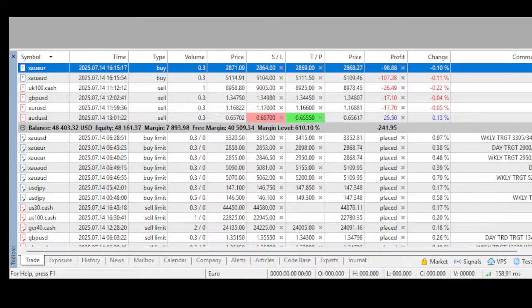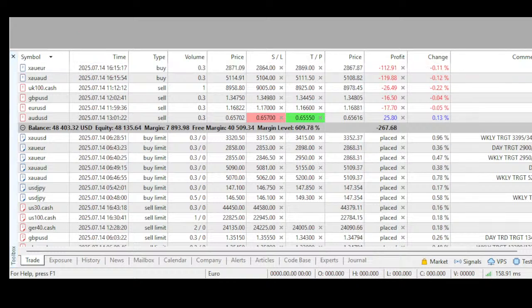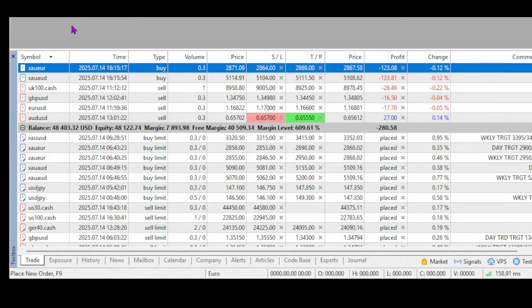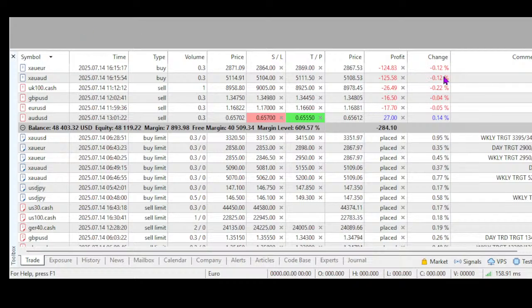So now I'm going for a re-entry at 40. I'm going to put a re-entry for gold US at 40.